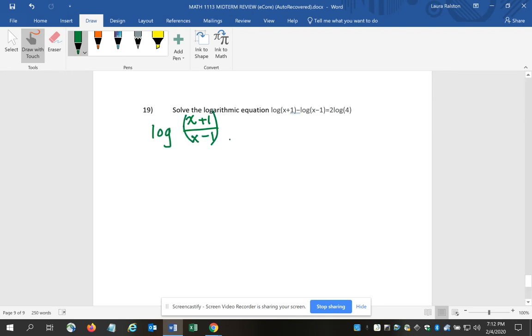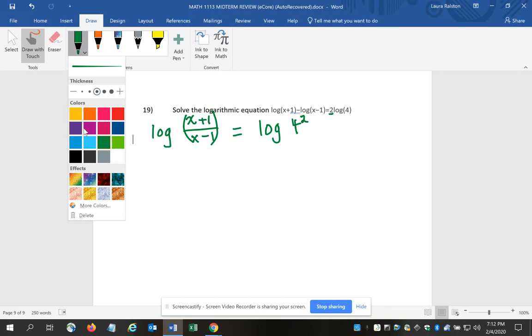Okay. And that equals, and if I simplify the other side, the 2 here, remember, gets back up to the top. So I'd have log of 4 squared. So I've simplified it. I notice I have a log, and it's a log with a base of 10. Remember, when the base is not written, it's an understood base of 10.